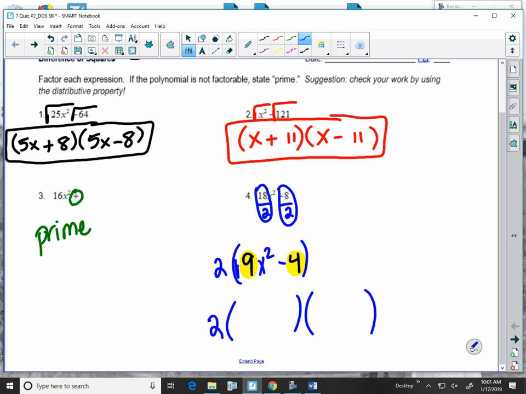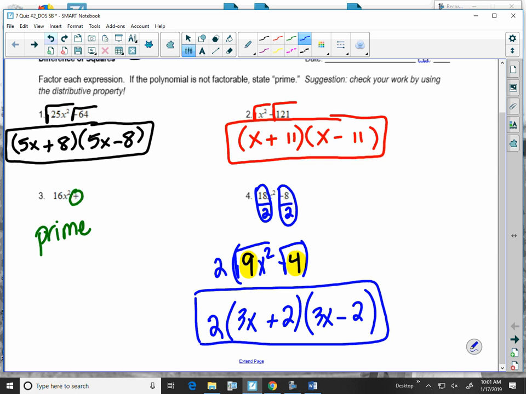So the square root of 9x squared is 3x, and the square root of 4 is 2, plus minus. Do not forget to keep that 2 right out front. Okay, that is part of your answer. You have to have that 2 there. And that is your final answer for number 4.